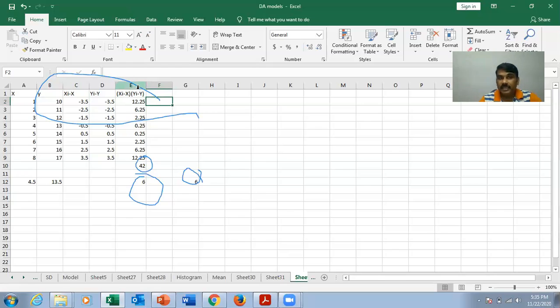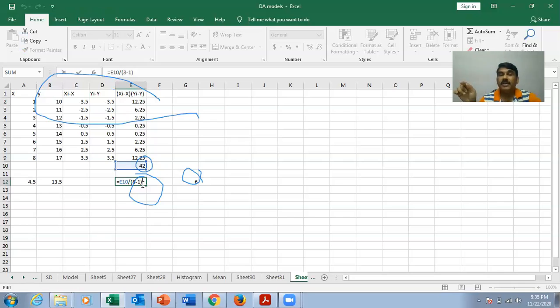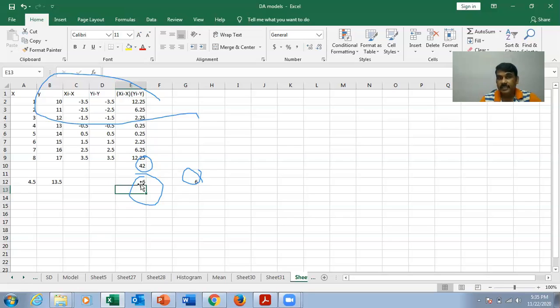Here we have summed the whole series, and then as per our formula, the summation of xi minus x bar multiplied by yi minus y bar is 42, divided by n minus 1. Then we got the value 6.